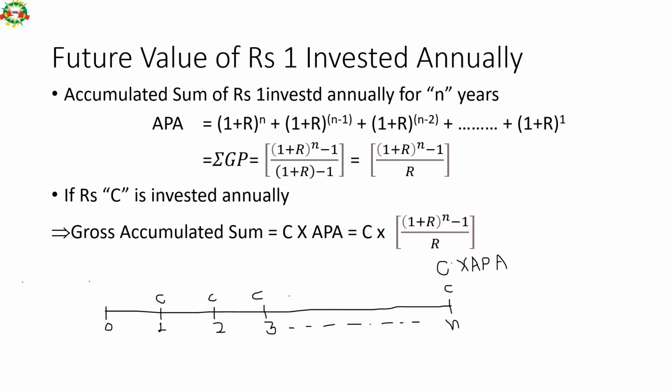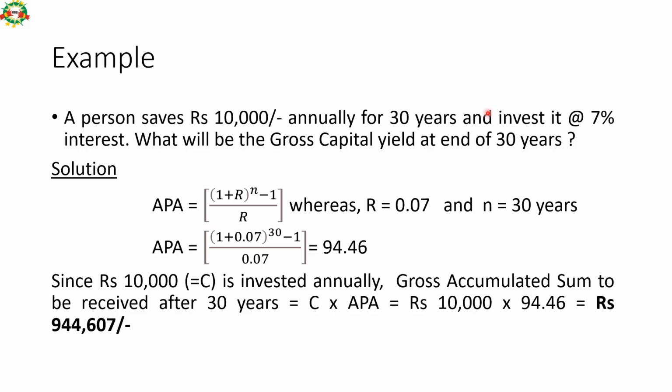So let us understand with the help of an example. A person saves 10,000 rupees annually for the next 30 years and invests it at 7% interest. What will be the gross capital yield at the end of 30 years? Now the data given in the question: R is 7%, number of years N is 30.